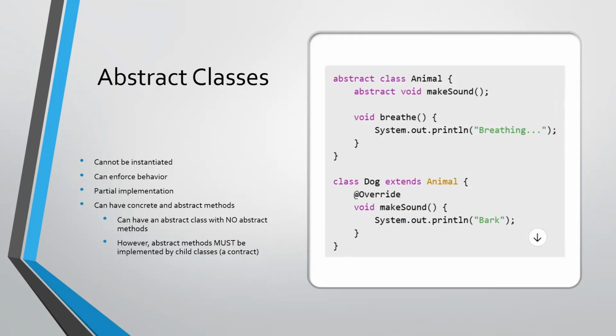As a matter of fact, you can have an abstract class with no abstract methods. However, if you do have abstract methods, the child class must, and I mean must, implement those methods. It's like a binding contract. So let's look at this abstract class Animal.